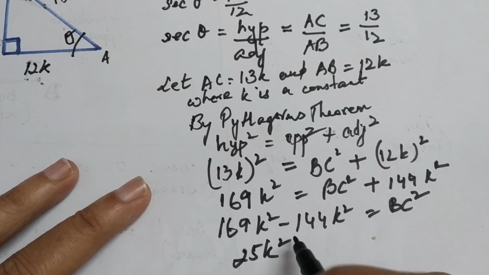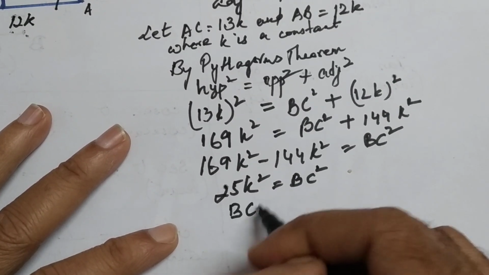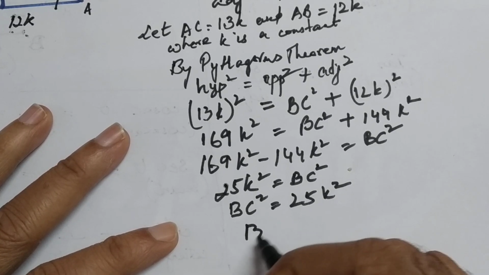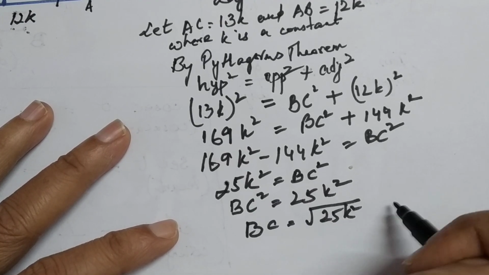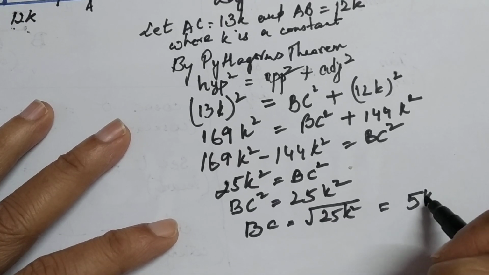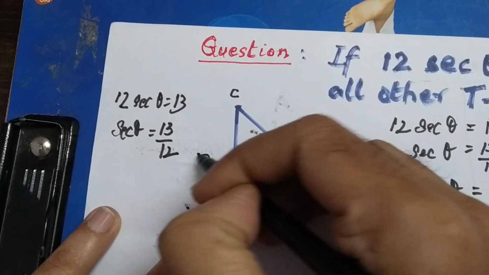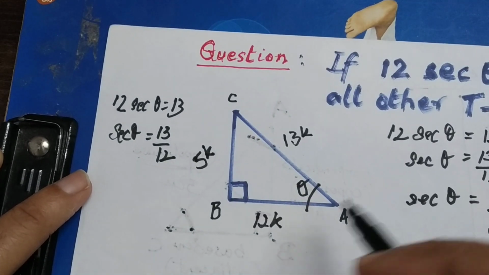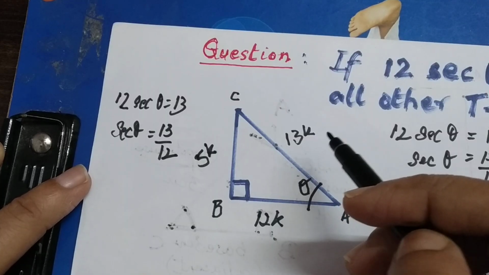So 25k squared is equal to BC squared. Hence BC is equal to square root of 25k squared, and that is equal to 5k. So we've got BC as 5k. We're going to substitute here 5k. So now we have all the three sides. We have adjacent is 12k, opposite is 5k, and hypotenuse is 13k.